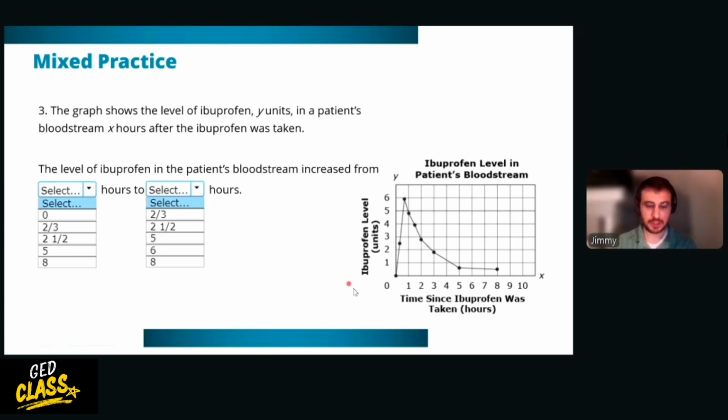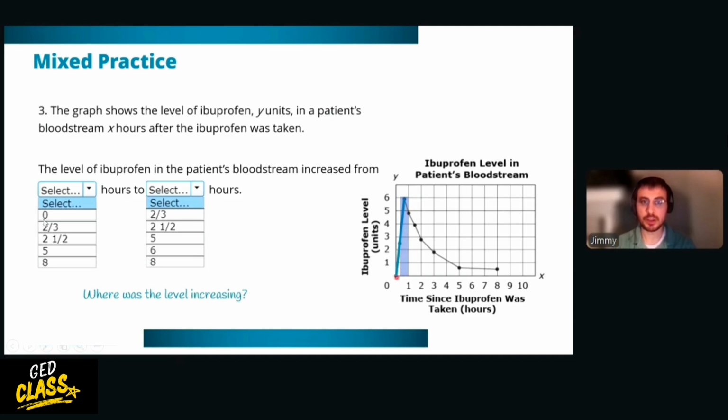If we take a look at our graph here, the only increase that happens starts at hour 0, if you will. And then it goes up and up and up until about 2/3 of the way through that first hour here. So that's our focus for this question.